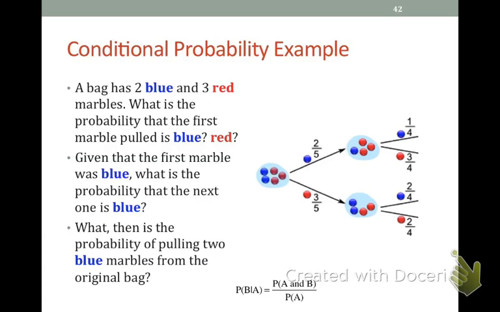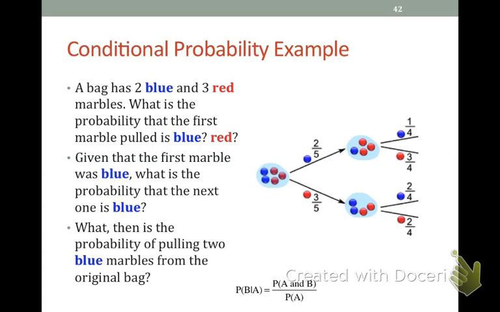So a blue and a blue. Diego, you want to take a stab? Okay, someone want to help him? Liam, is it 2/20ths divided by 2/5? You're overthinking. It's 2/20ths. It's 2/5 times 1/4.